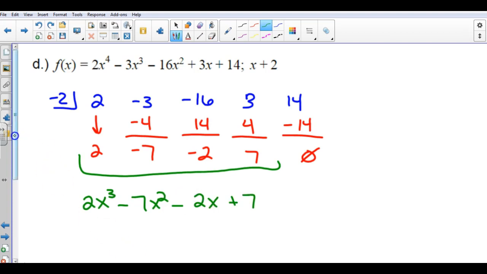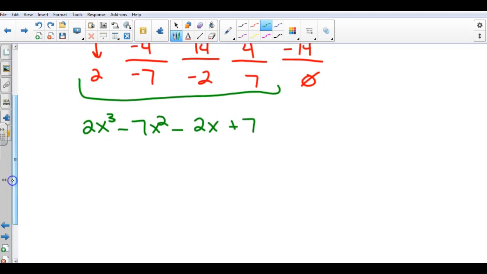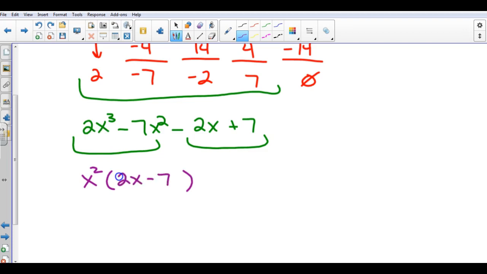And what we're going to want to do with this is see what I can factor out. So out of the first 2 and out of the second 2. So I'm going to factor this by grouping. And again, I'm going to be able to take an x squared out. If I take x squared out of both of these terms and divide them, I'm going to end up with, in this first one, 2x and then minus 7.